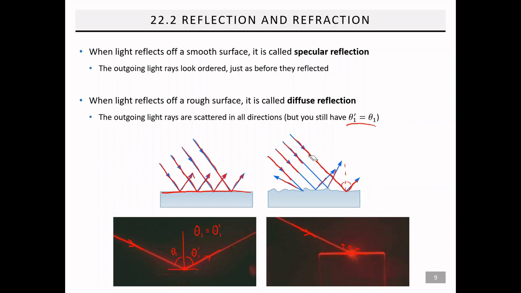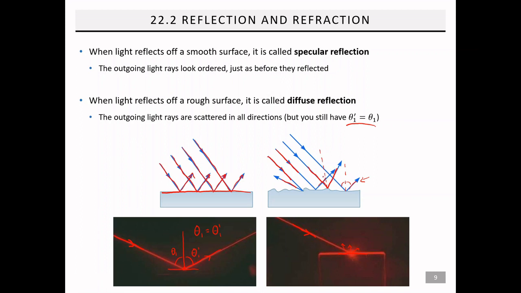And let's look at the second from the top one. Here you have a light ray coming in. It reflects off, and it doesn't look like it reflects off at the same angle as the top one that we were looking at. However, if you draw a normal line at the surface here, you'll see that the surface is actually slanted a little bit, so the normal line is not perfectly vertical.